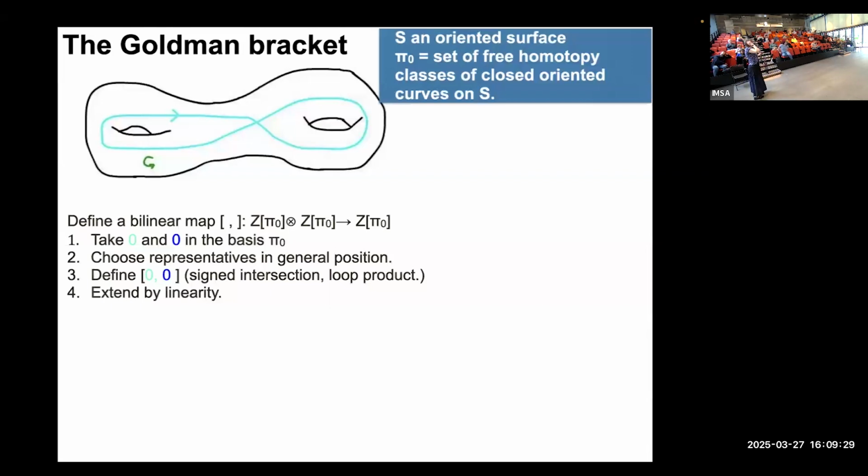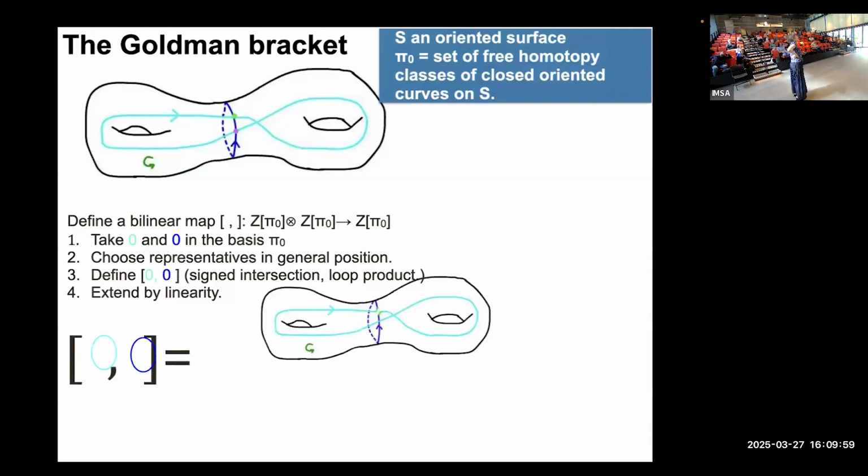So I said that this is a Lie bracket for a vector space, and then I put Z, so it's a module, but I'm going to define it on two elements of the basis. So you take two curves, here I have my two curves, and you put them so they intersect in transversal double points. And the bracket will have one term for each time these curves cross, for each of the intersection points. So here is the bracket.